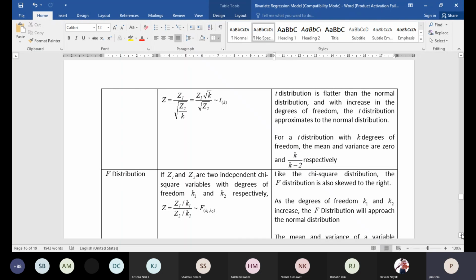But what we need to discuss subsequently is how the test statistics are linked to such distributions. Why do I say that the test statistic for individual coefficients, that is alpha hat and beta hat, would follow t distribution? Why do I say that the test statistic for overall significance of the model would follow F distribution?